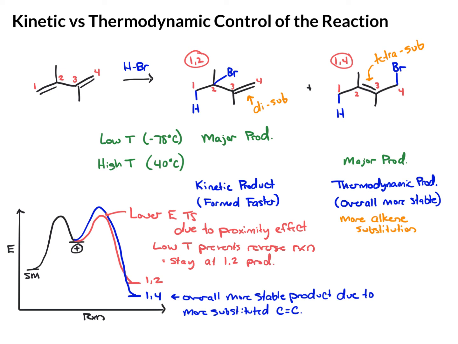Okay, in the case of a higher temperature, you're certainly going to get 1,2 product forming because it's formed faster. But at that higher temperature, this reaction will be reversible, so we'll go back, and then this might go over the other transition state to get to the 1,4. And this equilibrium will happen until everything gets converted to the overall more stable thing, the 1,4 product. So because the reaction is reversible at the higher temperature, equilibrium drives the reaction to the more stable product overall.